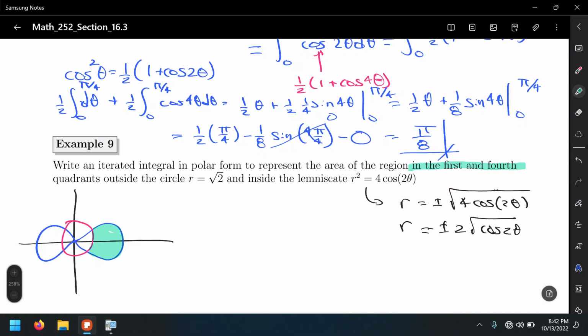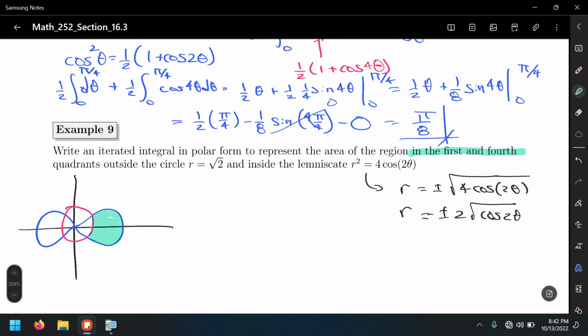But now we need to figure out these angles right here. In order to find these angles, we need to find the points of intersection between that circle and that lemniscate. In other words, those rays. So let me draw a couple of rays where these two intersect.